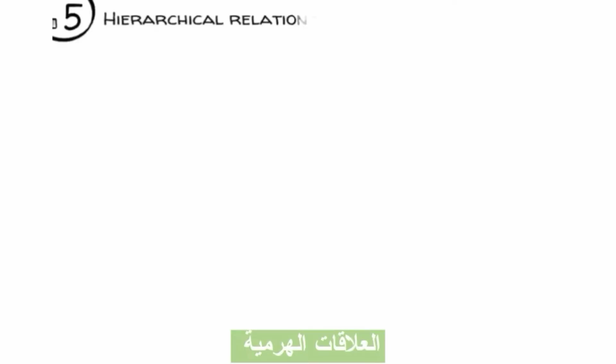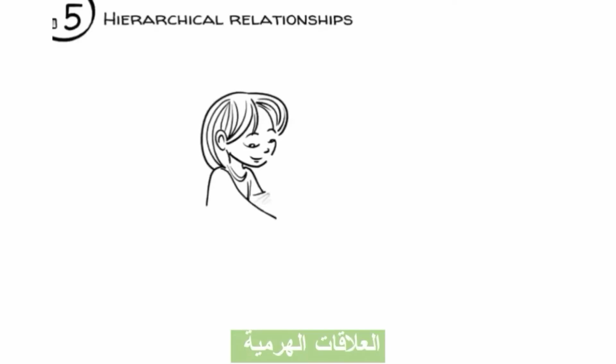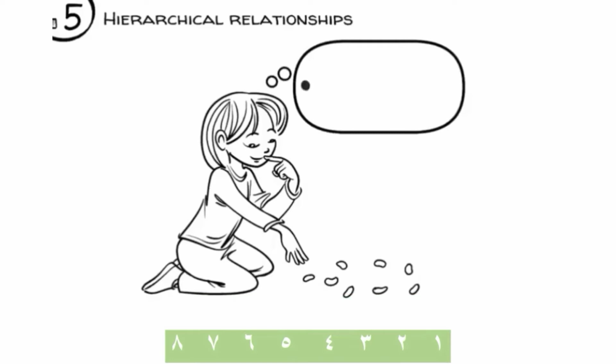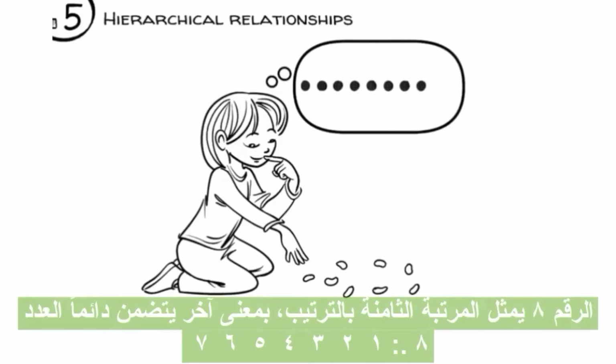Hierarchical relationships. As children construct order, they count the objects as follows: 1, 2, 3, 4, 5, 6, 7, and 8. As they do that, the number 8 represents the 8th place in the order.